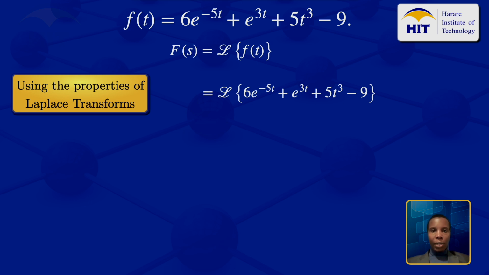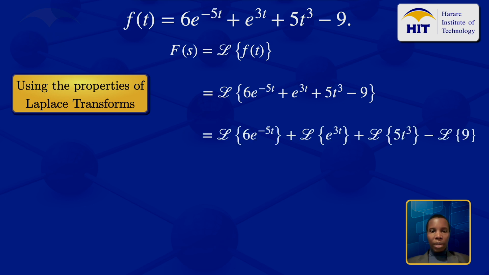Then we go on and use properties of Laplace transform to rewrite this expression here. The linearity property and the one for multiplying by a constant, so that our Laplace transform becomes the Laplace transform of 6 exponent of minus 5t plus the Laplace transform of exponent of 3t plus the Laplace transform of 5 times t cubed minus the Laplace transform of 9. Where we have constants, we can take them outside by the properties of Laplace transforms.